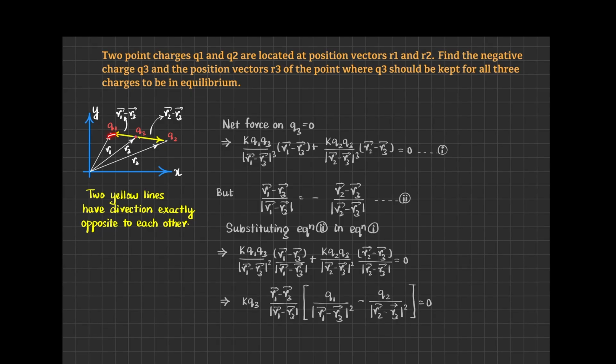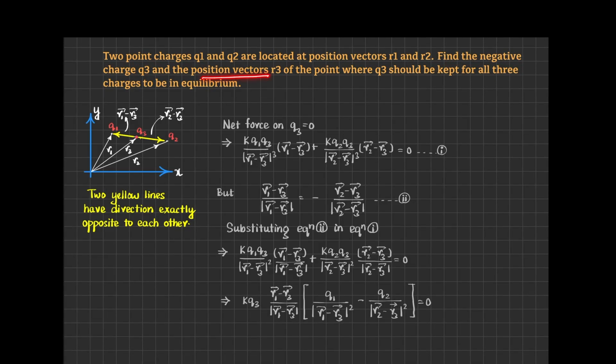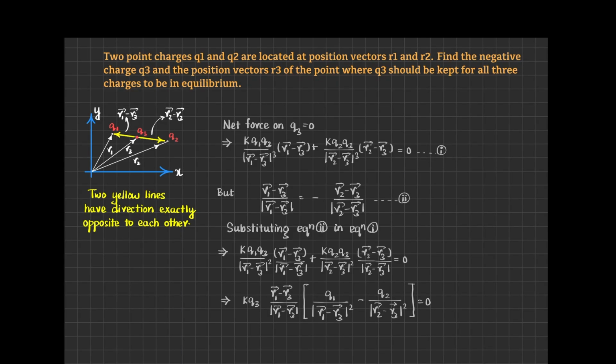So the position vectors of the first two charges we know, and it is asking find the negative charge. So it is already saying that the third charge q3 will be negative. Find the negative charge and the position vector r3 of the point where this q3 should be placed. So here the question is exactly same as the previous one, but we need to use the vector form of Coulomb's law. So let's do the same thing.